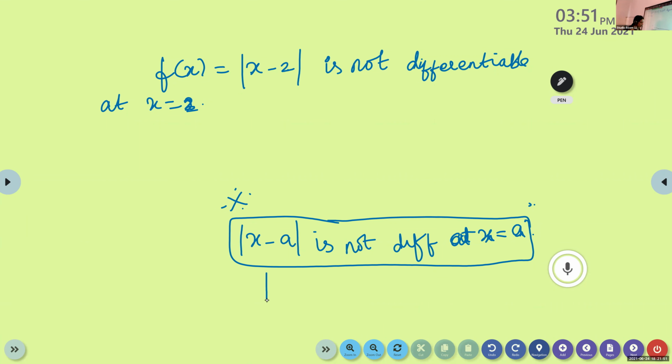Similarly, if you take the function mod x, it is not differentiable at x is equal to 0.